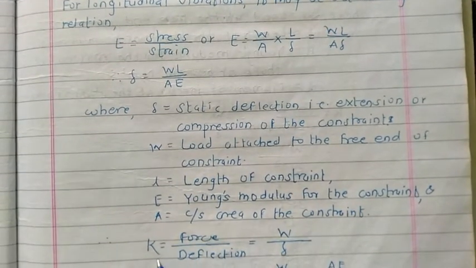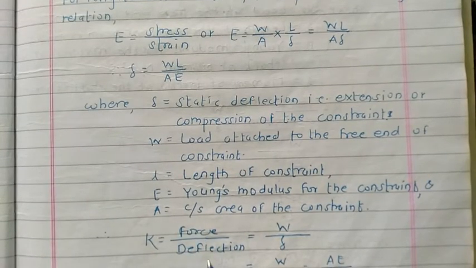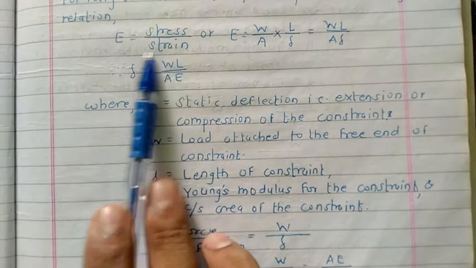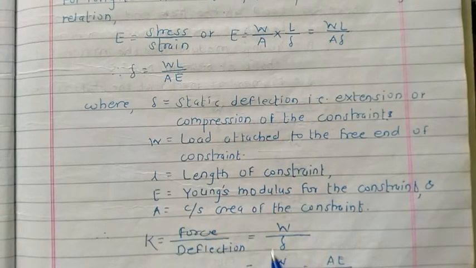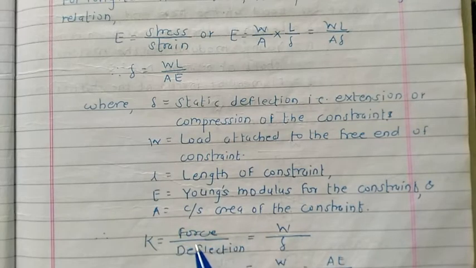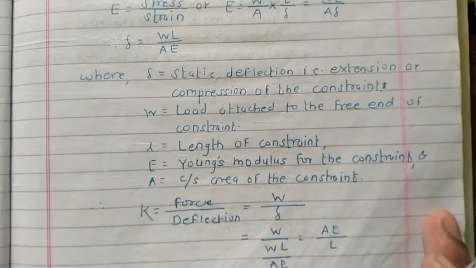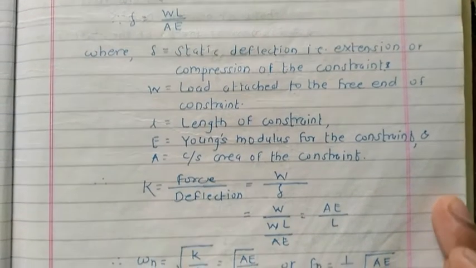So what about K? The basic definition of K is force by deflection. Force we have in terms of W, and deflection in terms of delta, WL divided by A into E. Once we get the deflection for the physical system, we can easily get the stiffness K. Whatever the weight involved in the system and the deflection, once you get this information, you can easily get the value of the stiffness, and further the frequency.